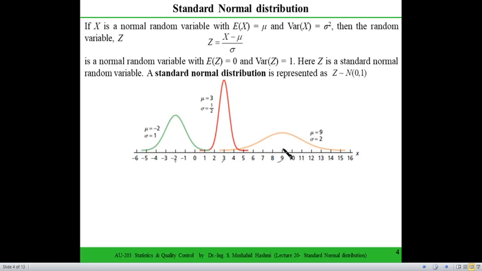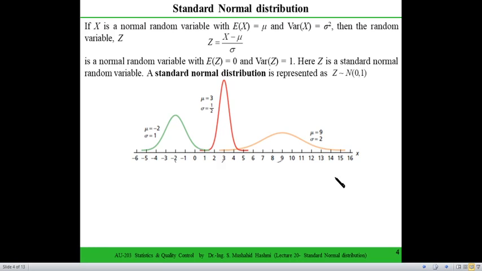Let's say we have a distribution with mean value 9 and a variance much bigger than the first distribution. So we have 3 different distributions, each represented by a random variable, and their parameters are the mean and the standard deviation, mean and the variance actually.